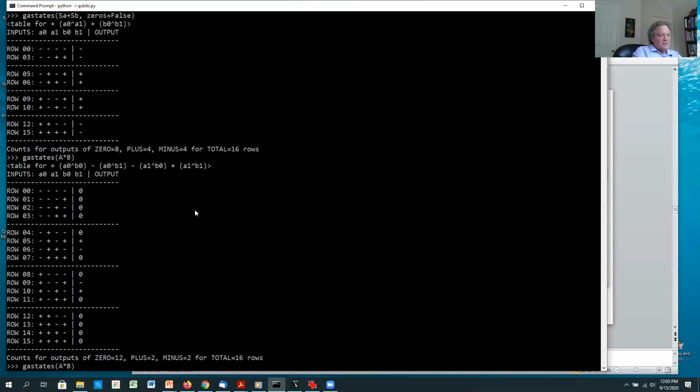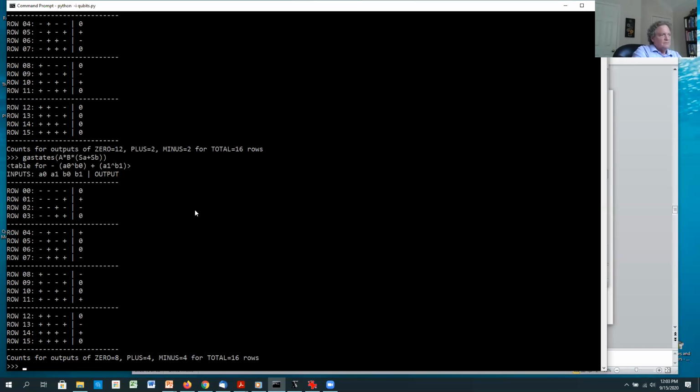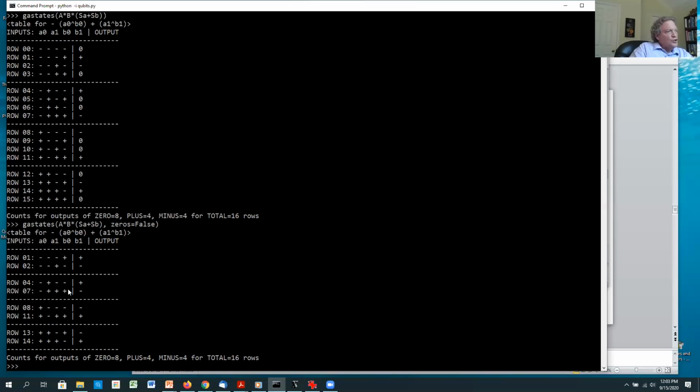But then I multiply this, with the geometric product again, times S sub A plus S sub B. Okay, what you see here is, notice that now instead of having 4 dimensions, 4 possible terms as the output, I only have two of them. So I have A0, B0 and A1, B1.